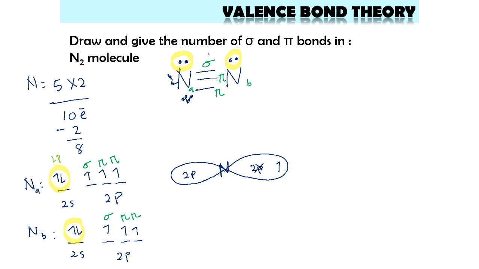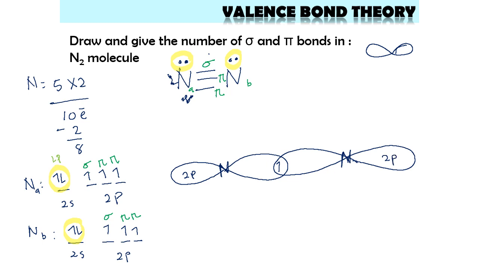You just need to label one of the lobes. Sebab apa? Dumbbell p orbital begini, so satu dumbbell ini adalah 2p orbital. Next, to form the sigma bond, dia akan overlap with another 2p orbital and pair up the electron, spin up, spin down, label the sigma bond.